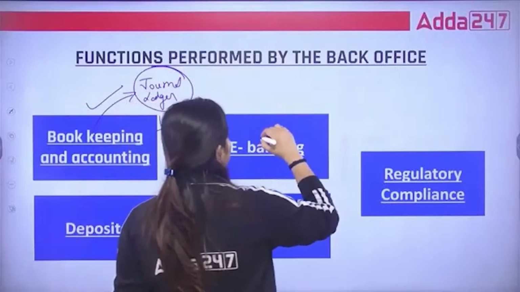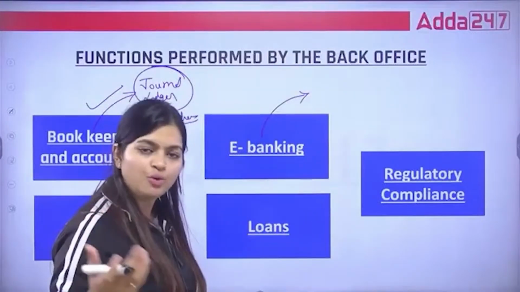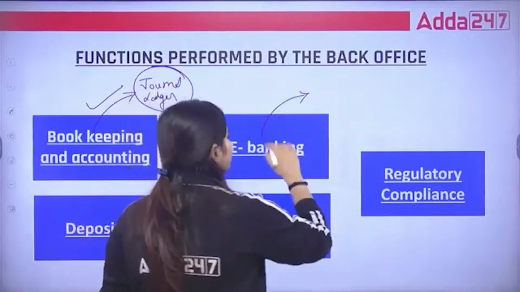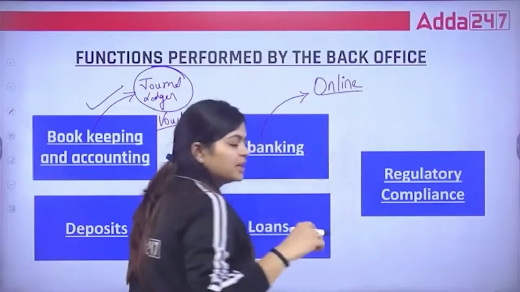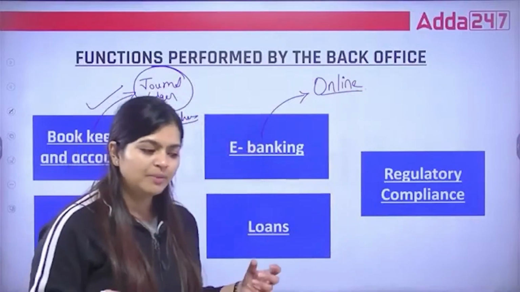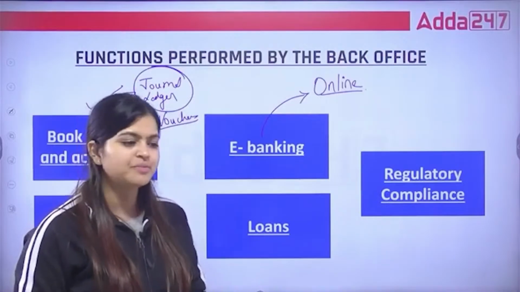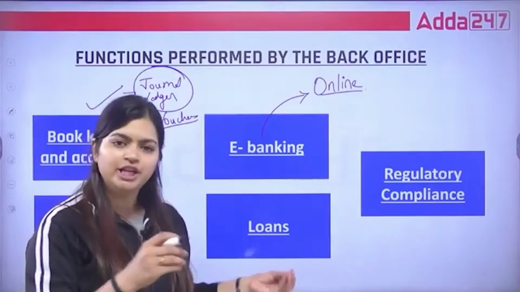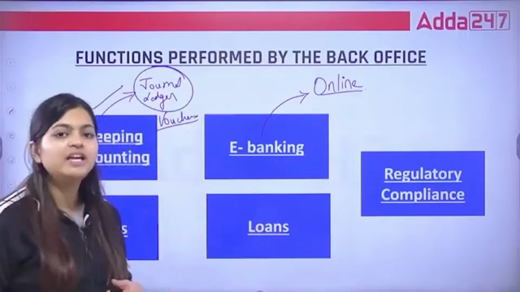Now after the digitalization, you can see so many transactions we are doing through online only. So they are going to take care of the online transactions. New type of upgradation they are doing, what new thing they can provide to their customers, or if any customer is facing any issue in their software, they are resolving it. So that is again one of the functions.